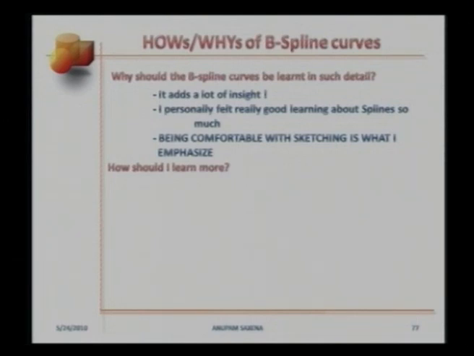But we have only learned just a little bit about those spline curves. How should I learn more? There are many more important things to learn about that we have not covered as a part of this course. For example, non-uniform rational B-splines or NURBS, knot insertion algorithms.